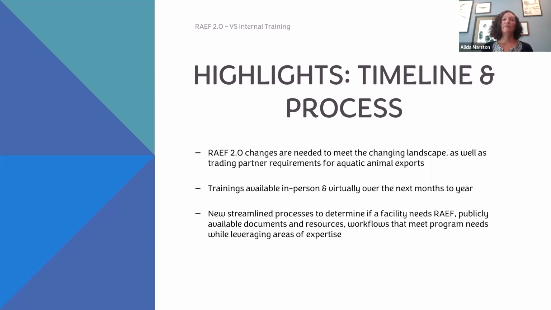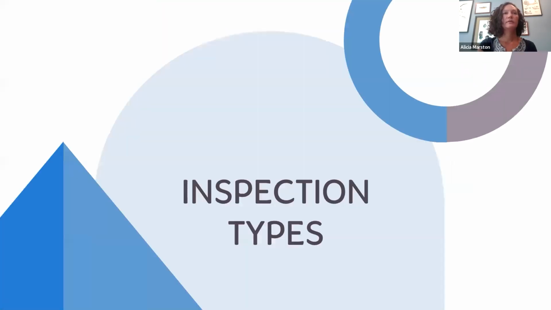And a lot of the changes that we've made have focused on streamlining our processes to determine if a facility even needs to be RAEF approved, making our resources and documents publicly available, putting together these workflows that are both meeting our program needs, but also leveraging our areas of expertise. All right, with that, let's go and talk a little bit more in depth about our inspection types.